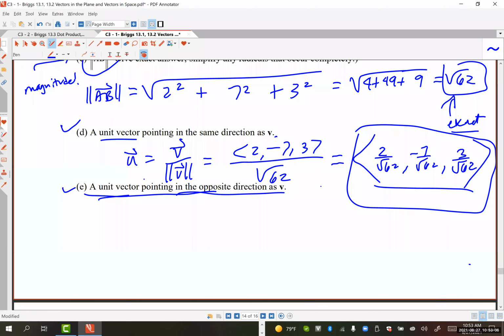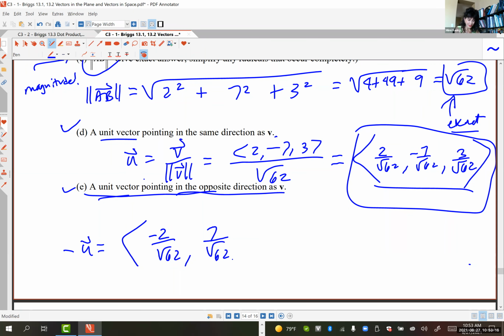Take a negative. Multiply by -1. Yeah, just flip the signs. Perfect. So I'll just flip all the signs from my answer from letter D and I get it right. Perfect. And I'm done. And we're done with this example.